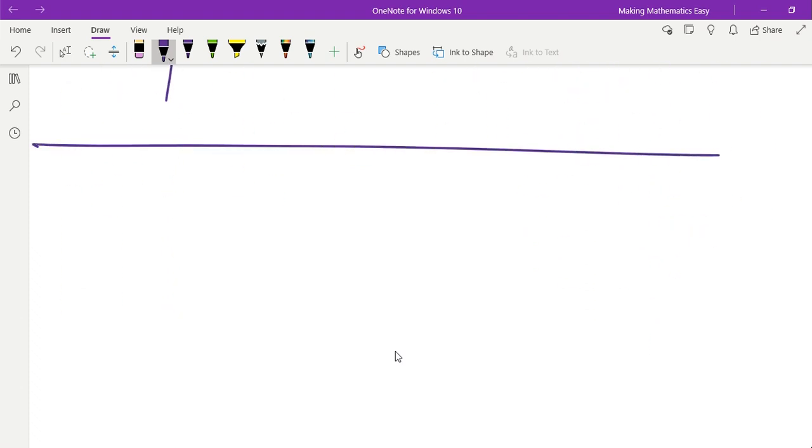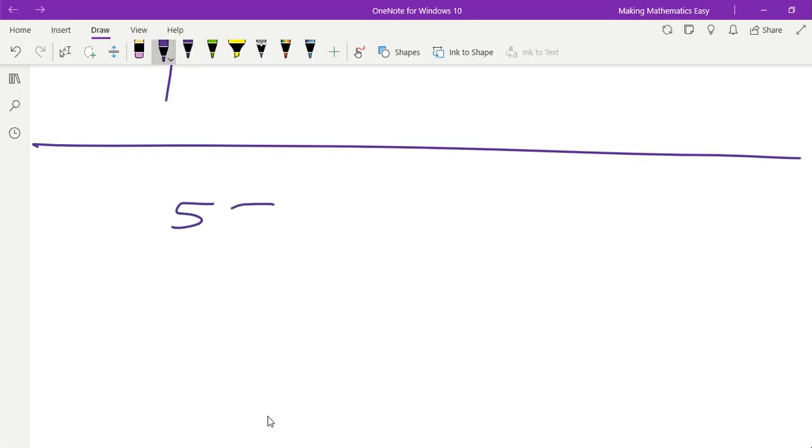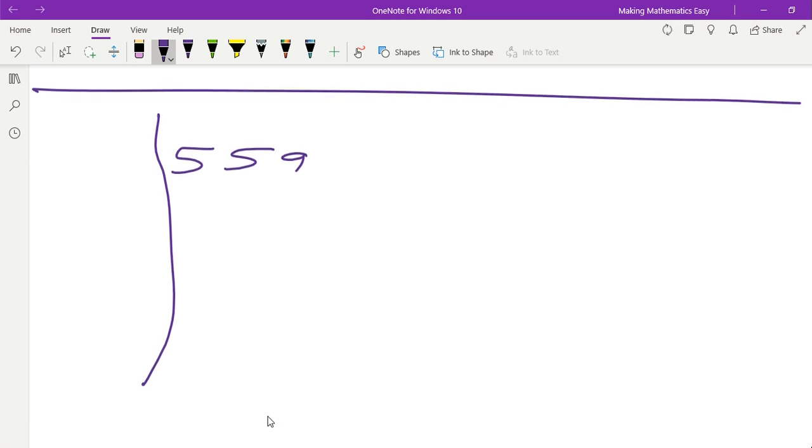Okay. Let us move on to next sum, which is the last sum of this exercise, which is 559. Now again, this is not divisible by 2, 10, neither by 3 nor by 4, 5. Let us check with 6. 6 nines are 54. Neither by 6. Now let us see by 7.